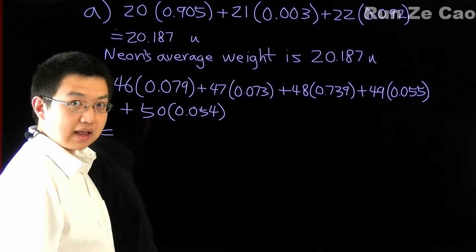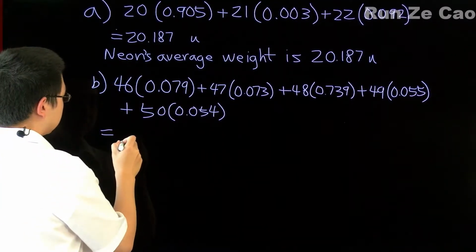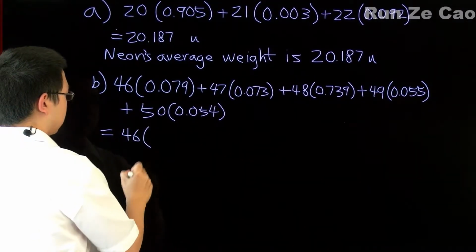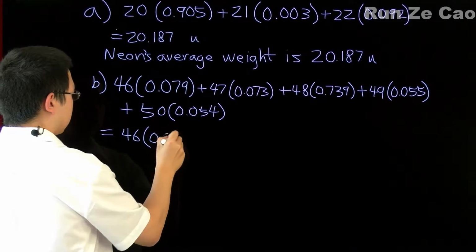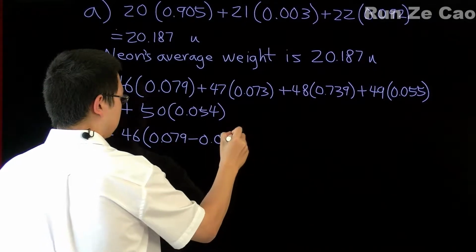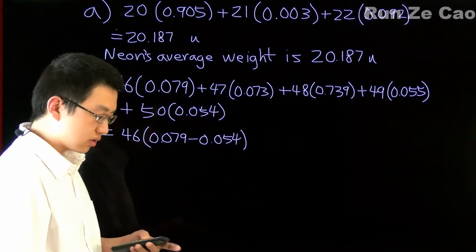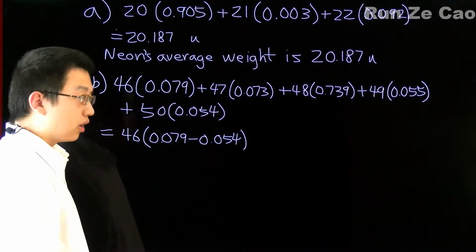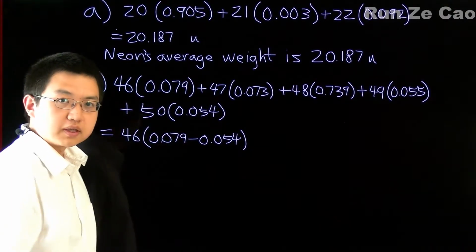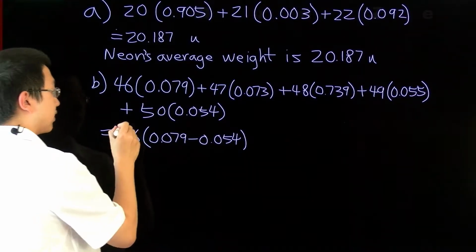So, technically, you can cancel some of it out. And to cancel it out, you would have 46 times 0.079 minus 0.054. The thing is, many teachers do not like this if you just use a calculator and finish it. So if you do not have a calculator, this is a good way to speed things up a little. If you have a calculator, skip this step.